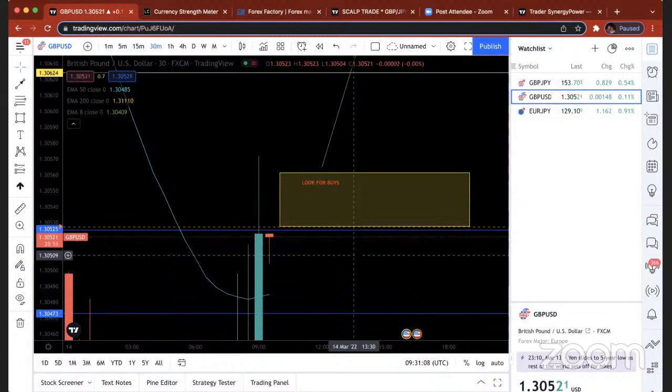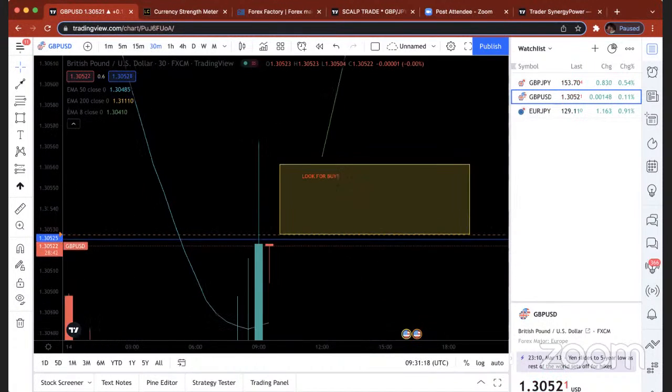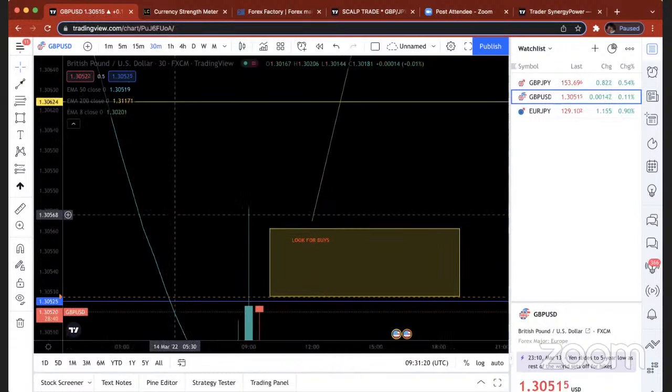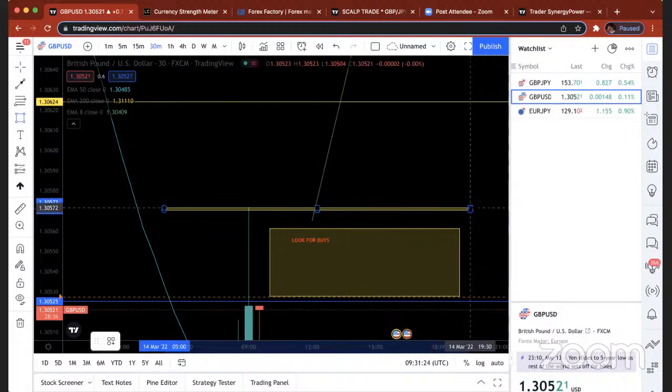This is a good sign, you guys. This is what we need to see, a wick. And I'll probably just wait for it to break its previous wick, which is right here.